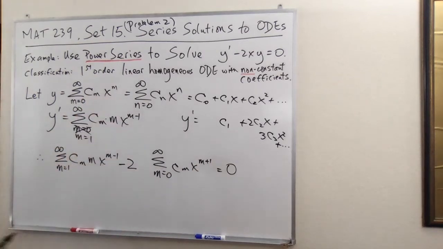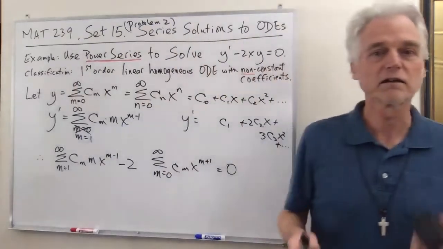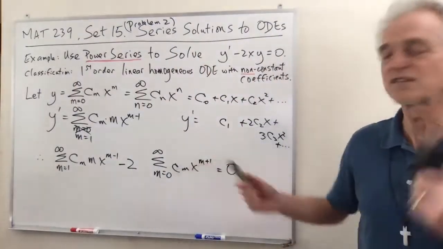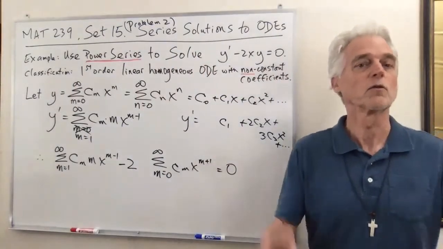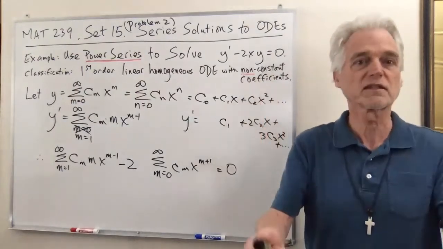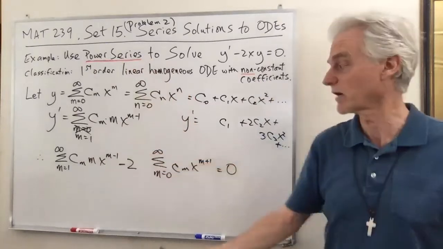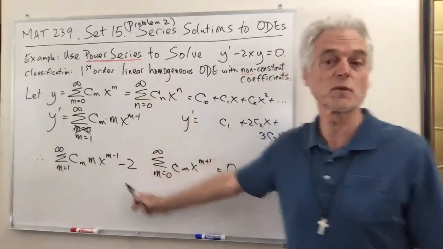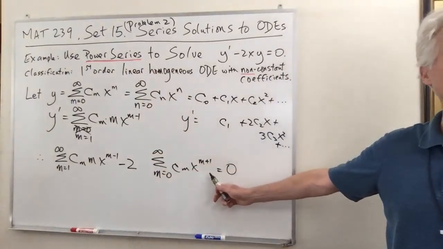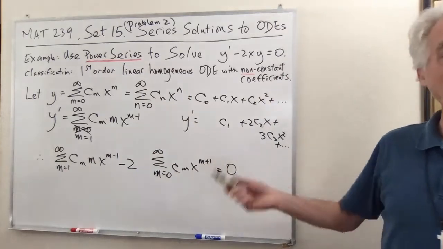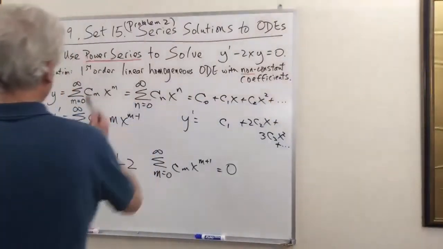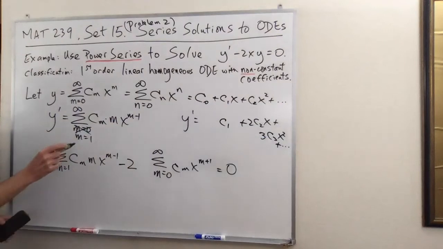Okay. So now the key here is I want to write this as a single power series with a sum of something times x to the same power, right? This has the x to the m minus 1. This has x to the m plus 1. Let's make it the same power. And this is kind of why I started with the m.